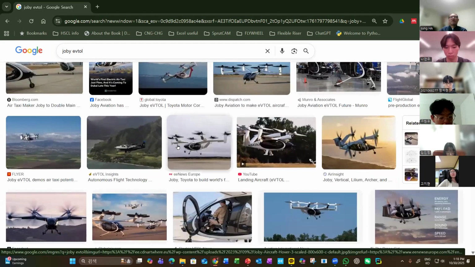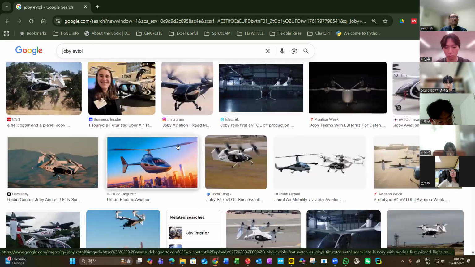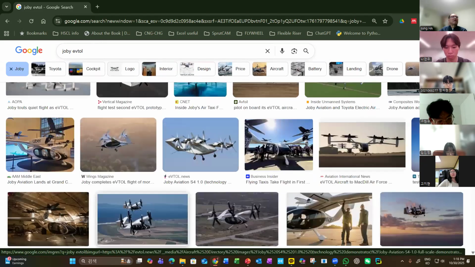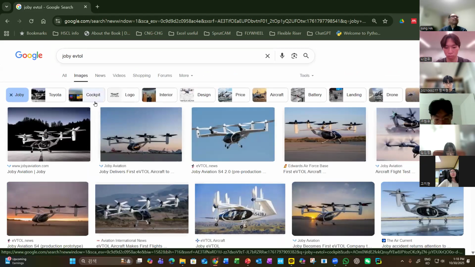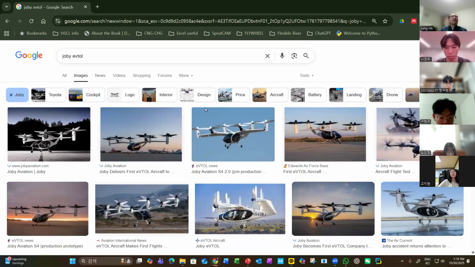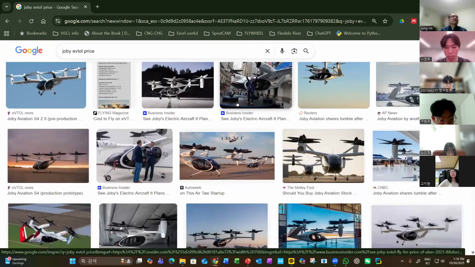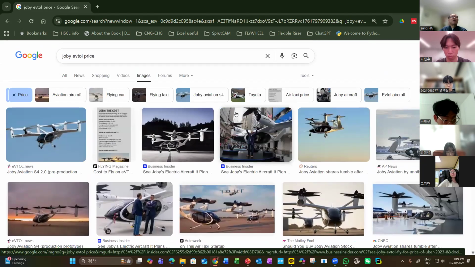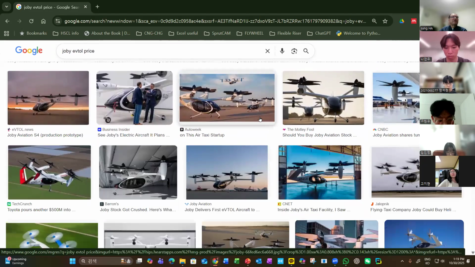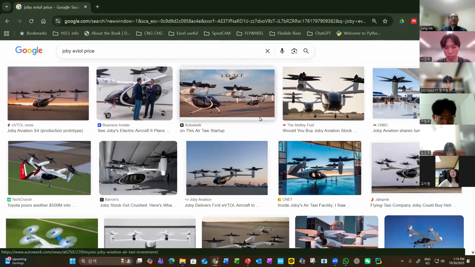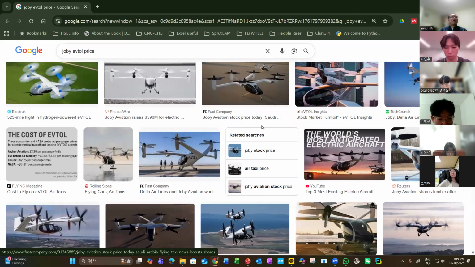There are all kinds of regulations, very demanding. As for the price, I would say if you are rich enough someday, or even now, you can buy one and have your own eVTOL.